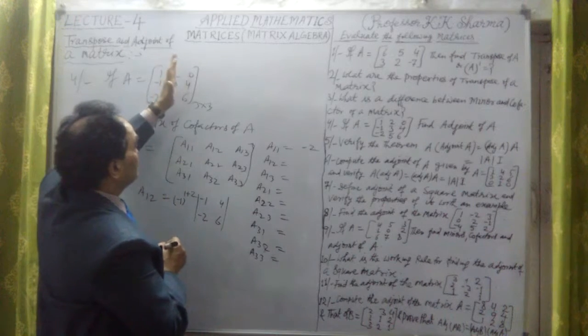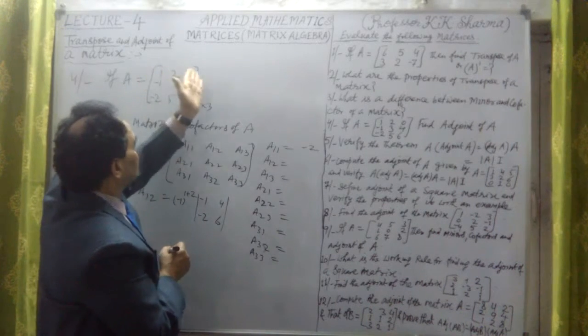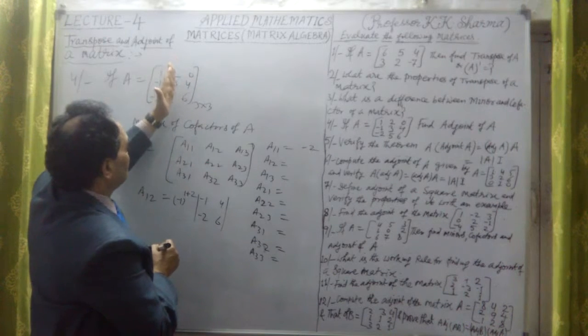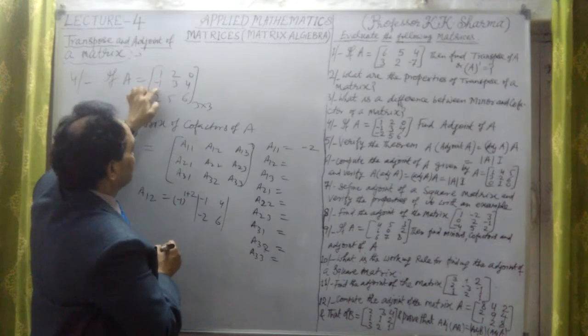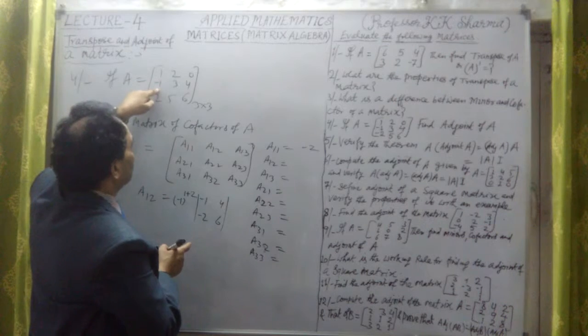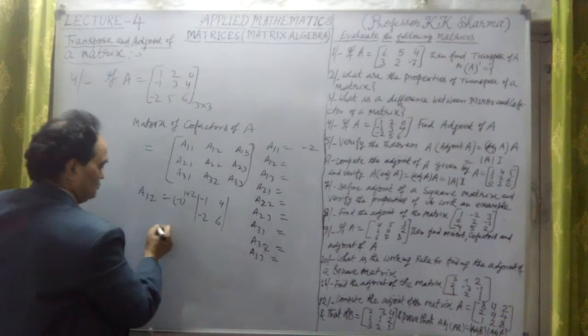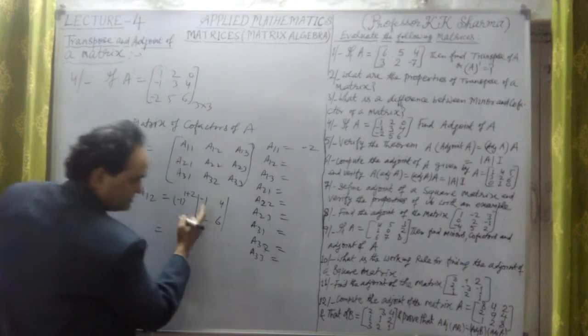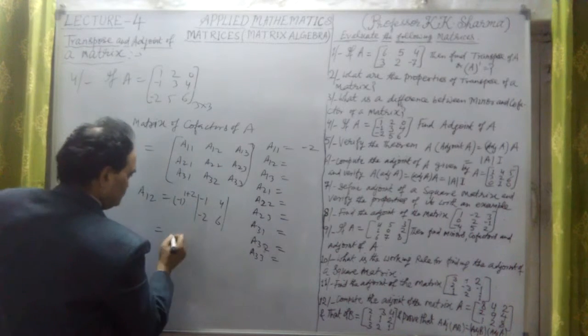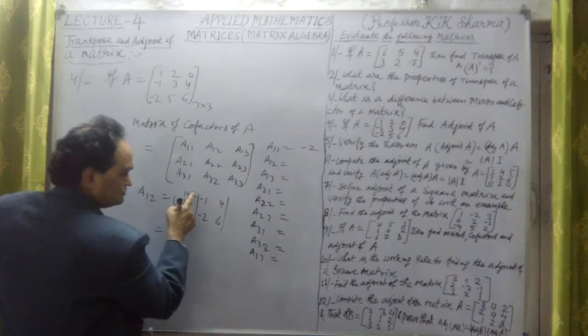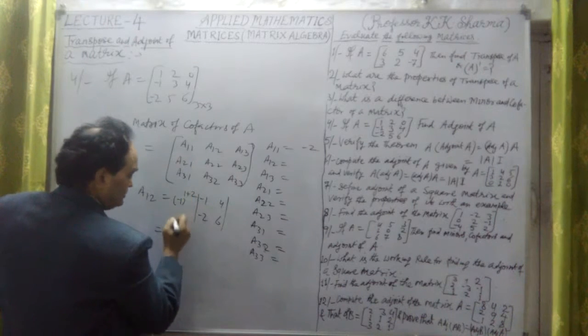Okay, so 2 is lying in the second column and the first row. First row and second column removed. We have to determine this value. This is minus 1 raised to the power 1 plus 2, which means 3, negative value.